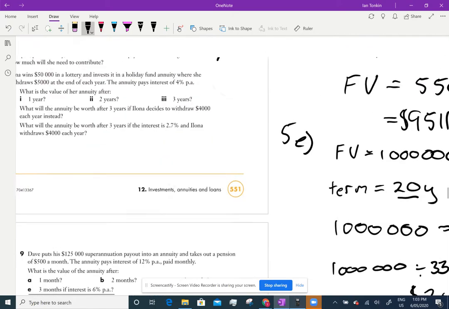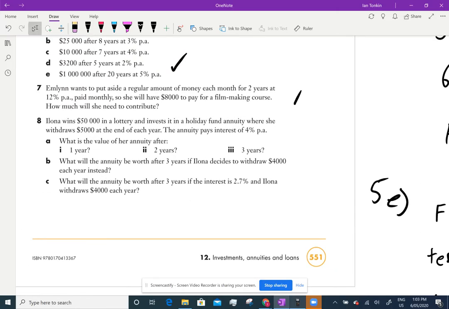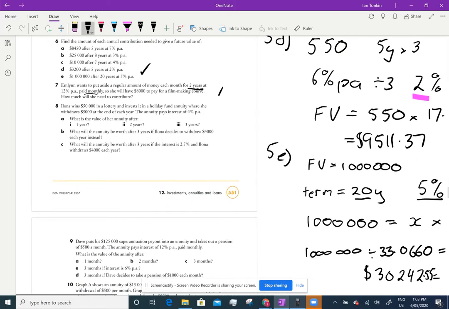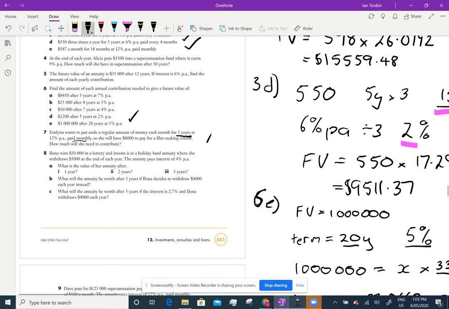Righto. So with question 7, you're going to do the same thing, but it's 2 years, but they're doing it monthly. So there'll be 24 repeats of 1%. I said that was question 5, that was question 6.